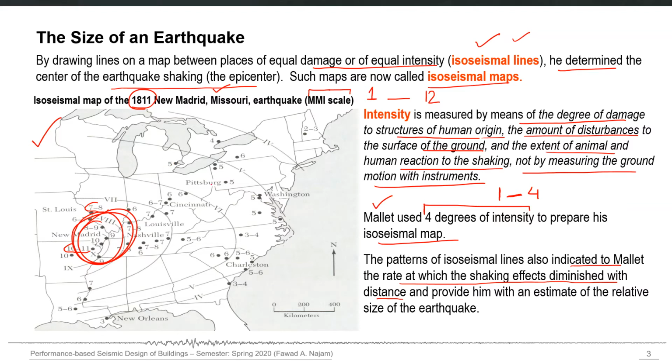And this will give him an estimate of the relative size of the earthquake. If the earthquake is strong or bigger in size, the damage will be experienced up to a very far off place. But if it is low, then it will just quickly diminish after a certain distance.